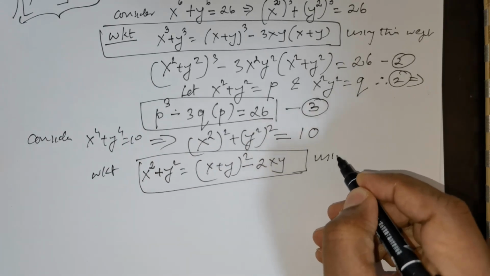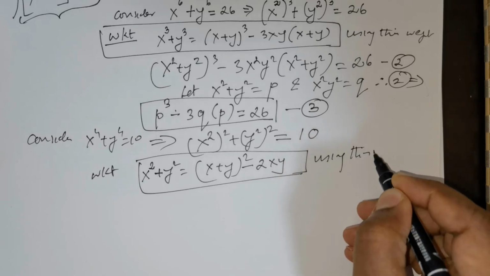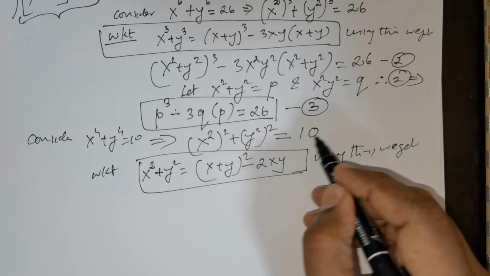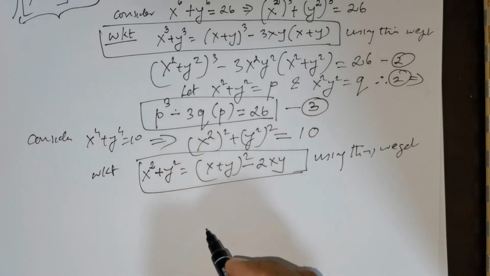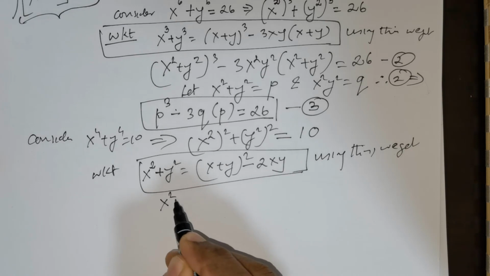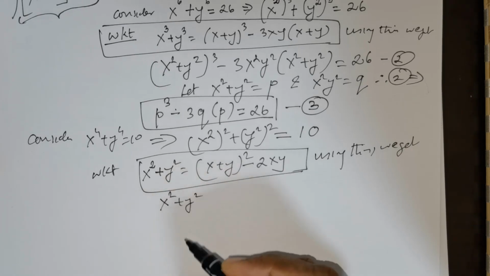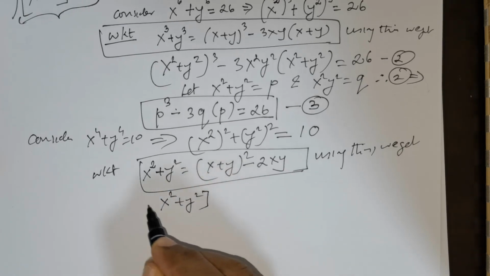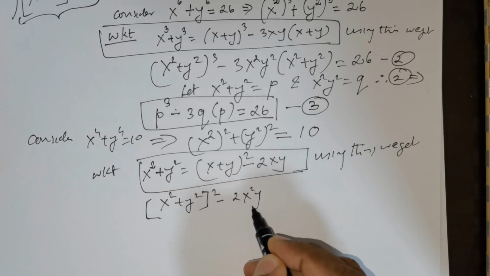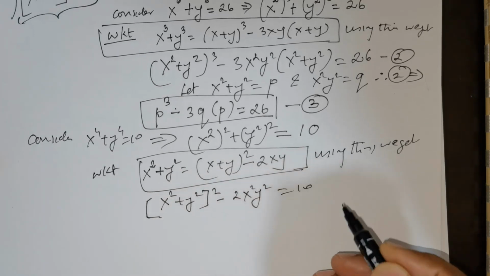So using this, what do we get? I can rewrite this utilizing this. On the left side, this is going to be (x squared plus y squared) raised to the power of 2 minus 2 times x squared y squared is equal to 10. Okay, fair enough.